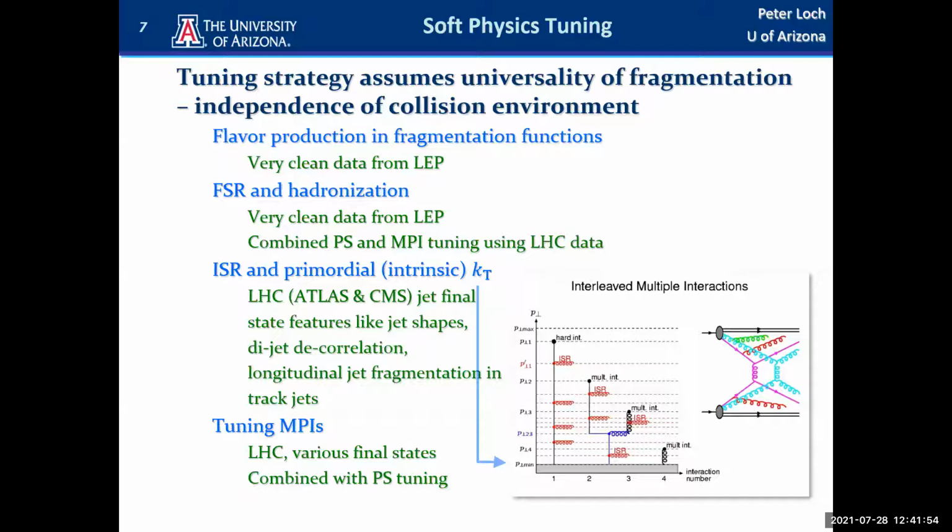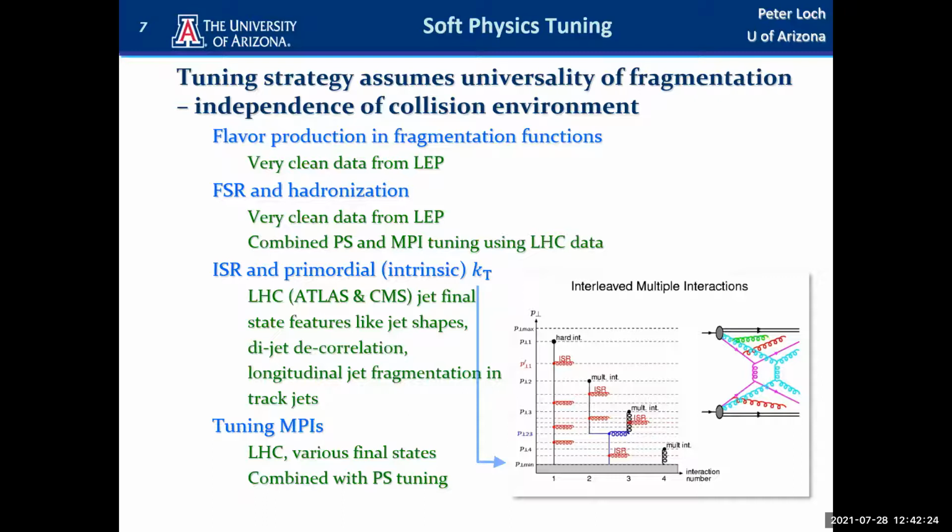Also for the final state radiation and hadronization, we have very clean data from LEP, but we are now doing combined parton shower and multi-parton interaction tuning using LHC data as well. For ISR and the primordial kT, which is the intrinsic kT of the collision, it used to be called Fermi kT.